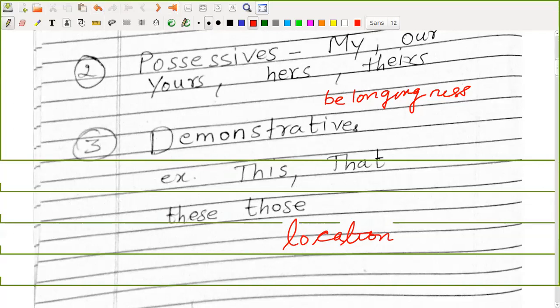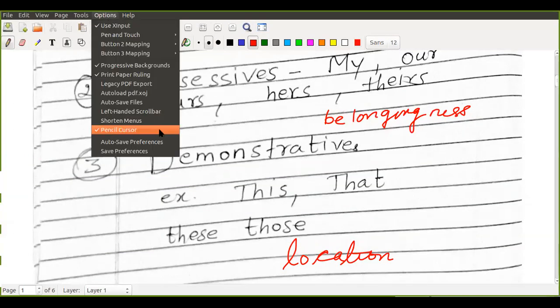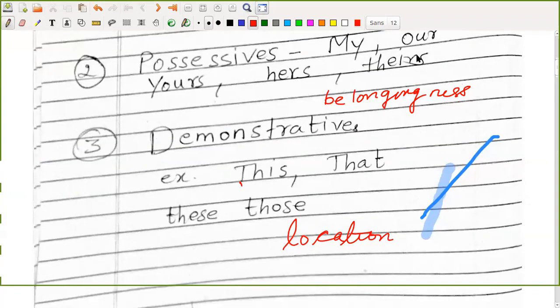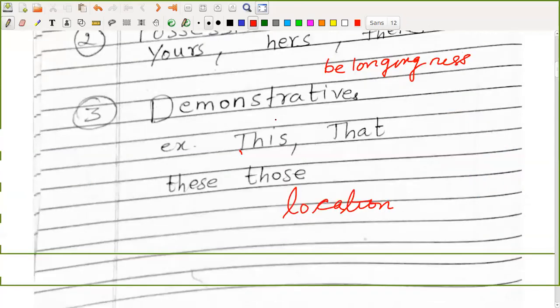Demonstratives, as you can see, this and that: this indicates things which are near, and that indicates things which are far. Possessives show belongingness, meaning to whom a person or thing belongs: my book, her house, their dress. Demonstratives show us the location.